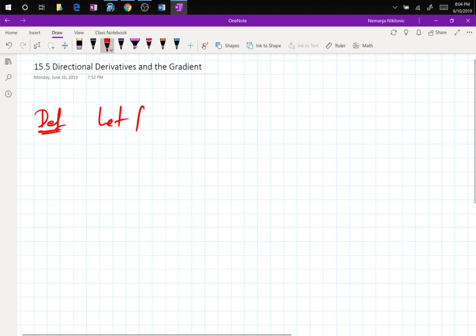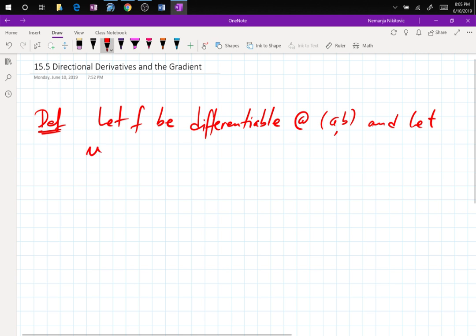So let f be differentiable at (a, b), that's the point, and let u hat, given as (u1, u2), be a unit vector in the xy plane.